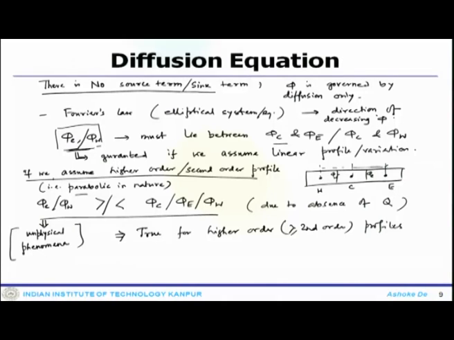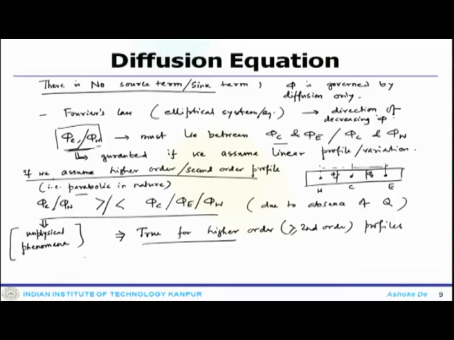So, if you do not have any source term and if you assume higher order profile variation, this can lead to unphysical phenomena, which is not physical in nature, neither is it acceptable.